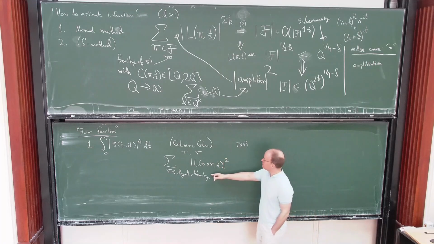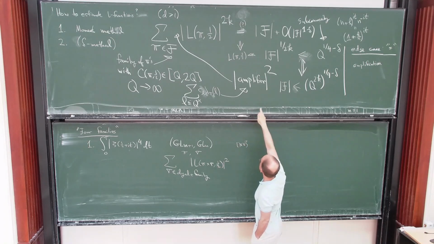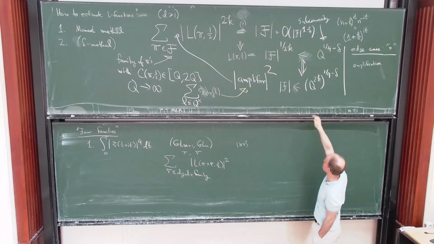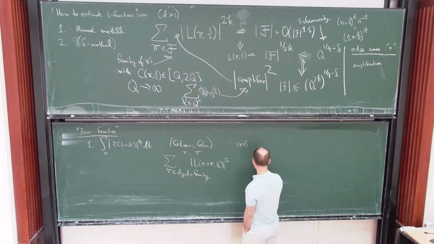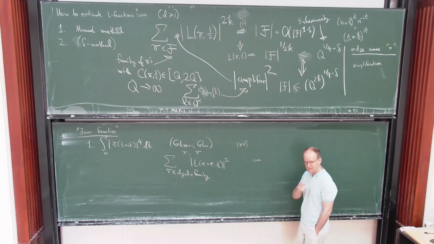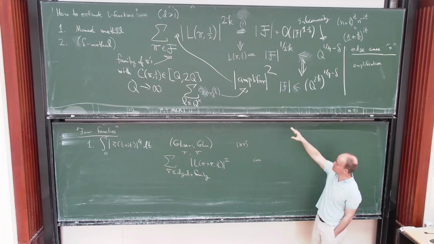Unfortunately, you see here the inequality relating the family size and the conductor. That would be making use of recent progress in effectivizing. Yes, exactly. But even assuming that, one could never use this technique to treat a conductor dropping case.